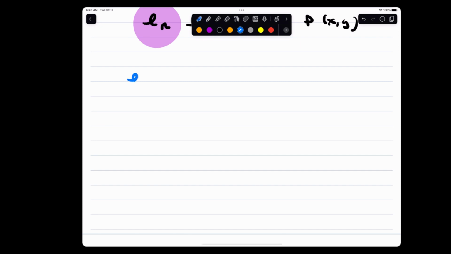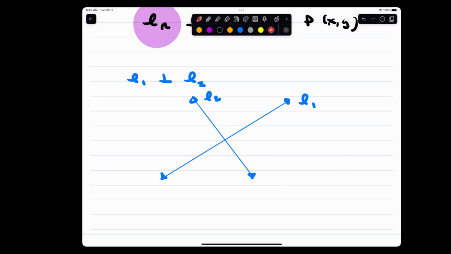L1 is perpendicular to L2. I'm going to draw a line, L1. There's another line, L2. These lines are perpendicular at this location P.